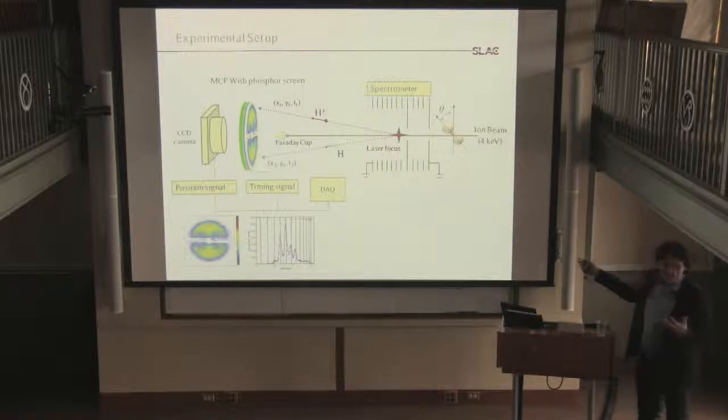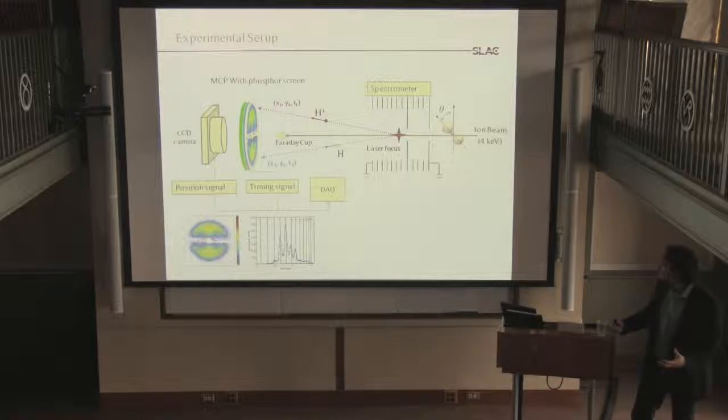So we start with an ion beam. I'm not going into too many details of how we produce this in a Nielsen ion source and so forth. Just saying it's an H2+ ion beam, 4 keV, well skimmed into a spectrometer where we dissociate the molecules with a strong laser field.